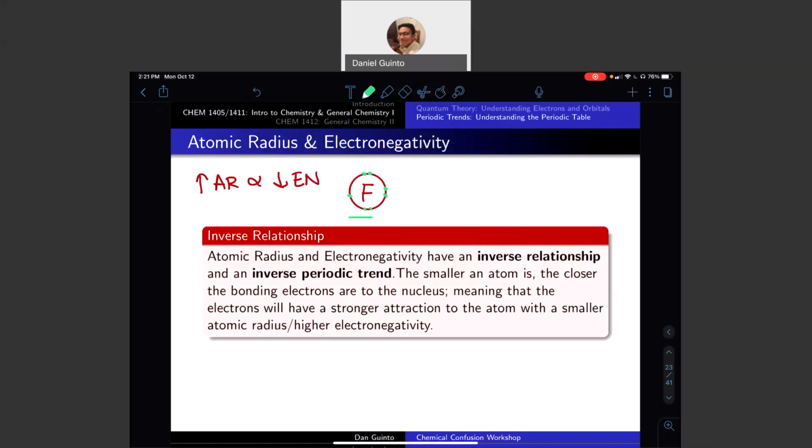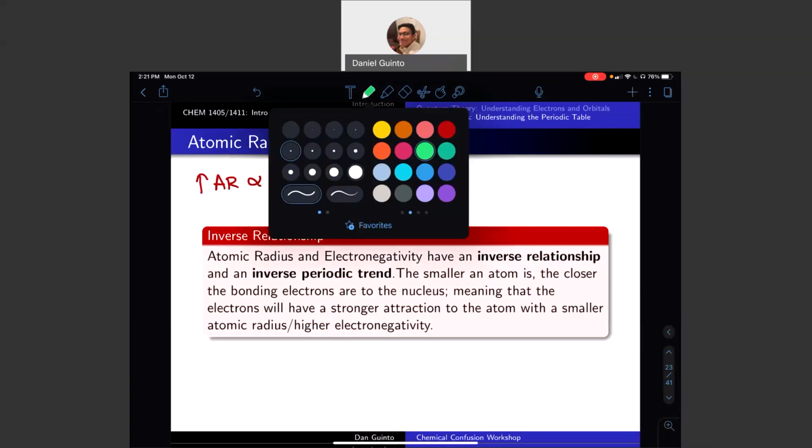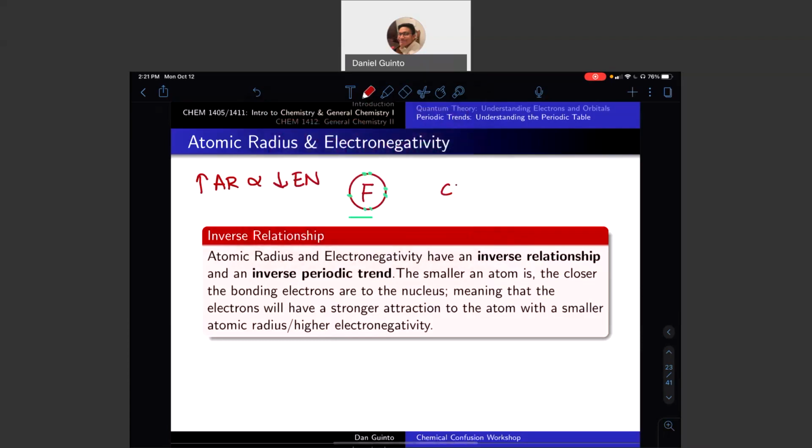But when we compare it to the element below it, chlorine, it has 1 full shell in the middle, and then next is its actual valence shell. So chlorine already has a complete inner shell, and it's fine with that.